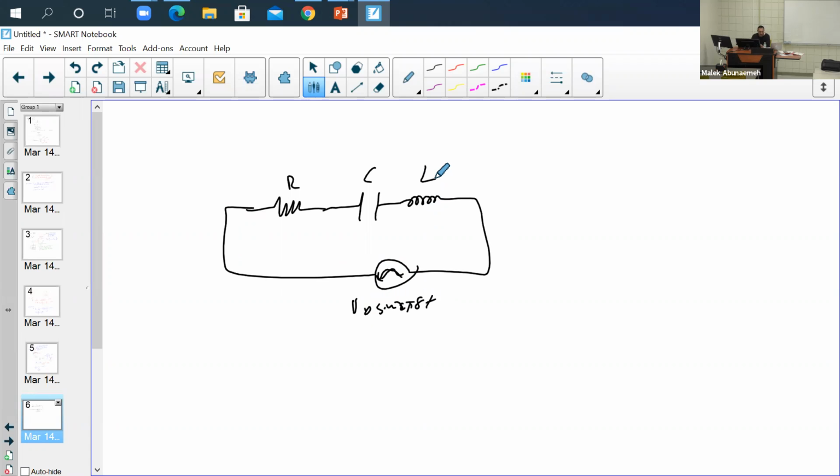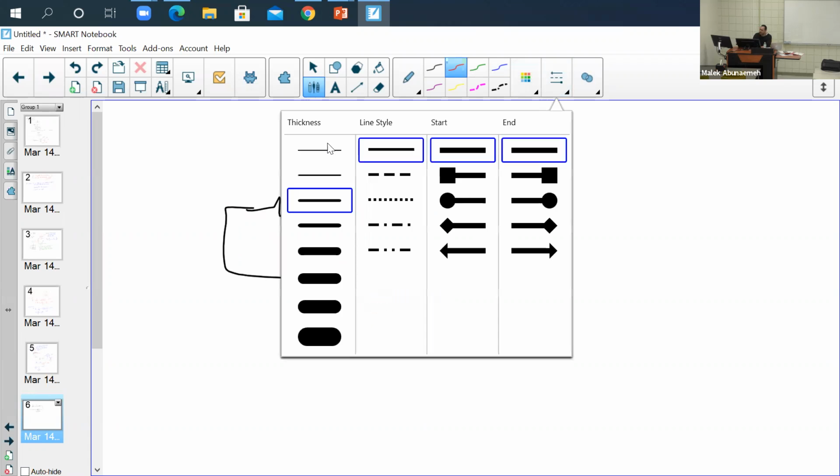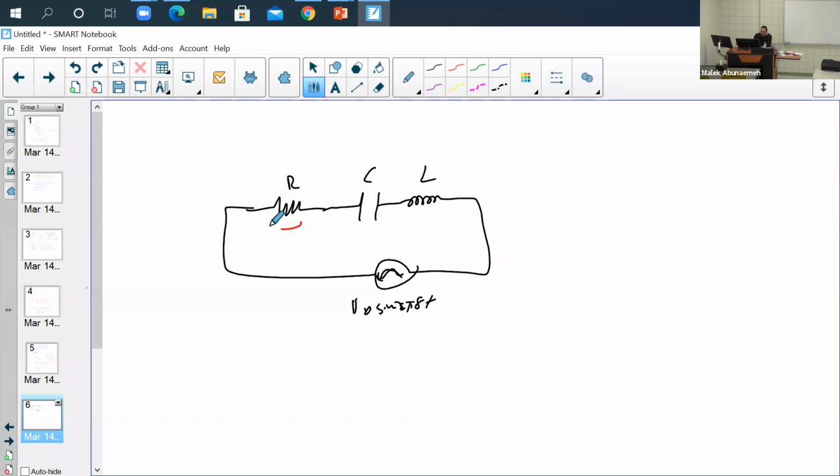So what's going to happen? When you get a voltage, you're going to have a voltage across over here, VR, across your capacitor, VC, and across the inductor, VL. Now, that's what we call your RLC circuit.